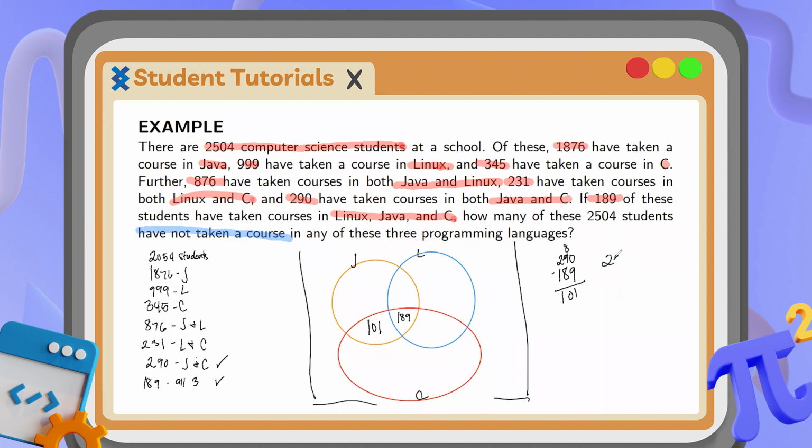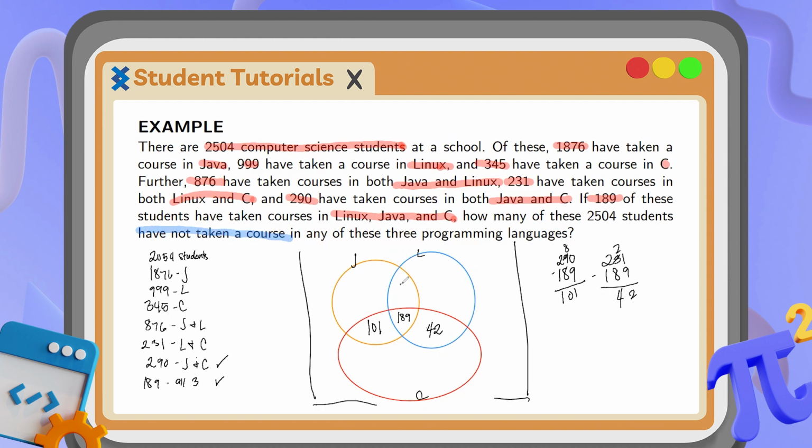So again, 231 minus 189 is 42 students. That took Linux and C, but not Java.